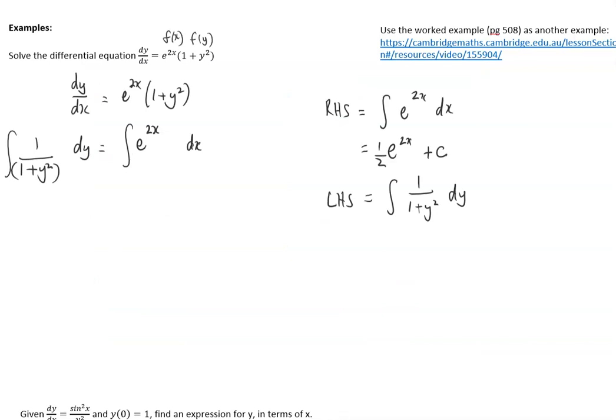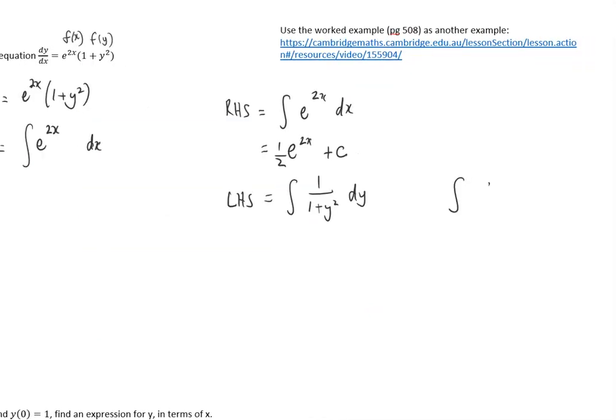So the integral of a on a squared plus x squared dx is equal to tan minus 1 of x on a. That's the relationship that we're going to be using. In this particular case, a is equal to 1, so that's going to equal tan minus 1 of y.